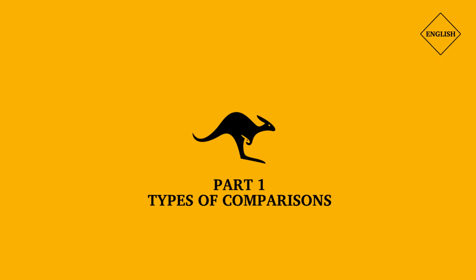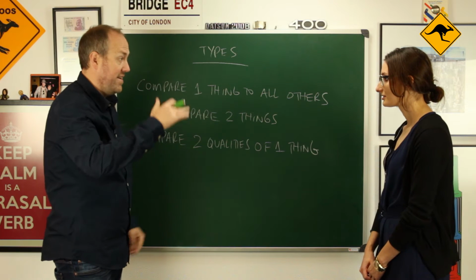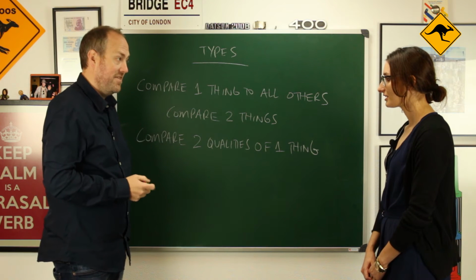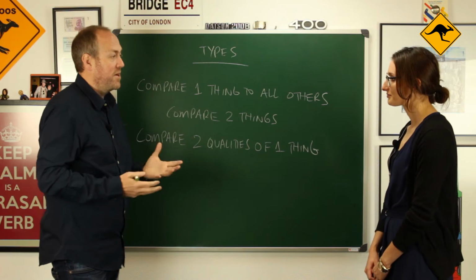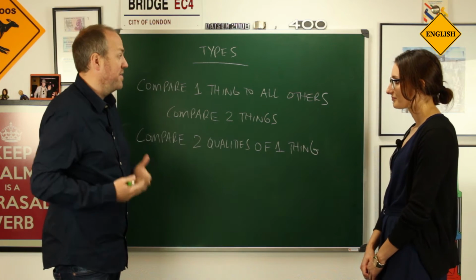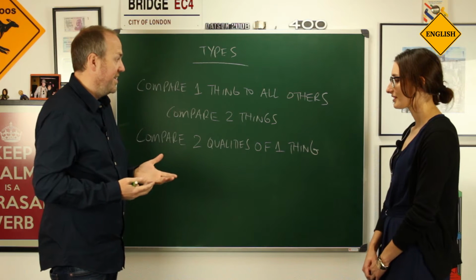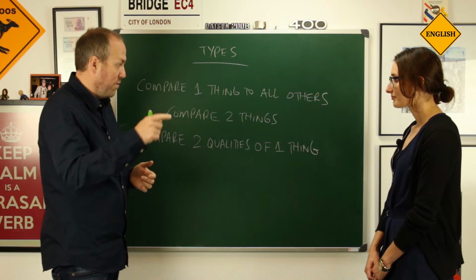Okay, well let's go to the board and we'll study. Perfect. You're a quite intermediate to advanced student. You speak English really well. So probably for you, you know about the basic comparisons, right? Like with ER or with more.